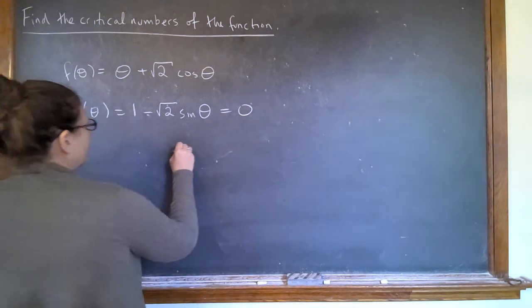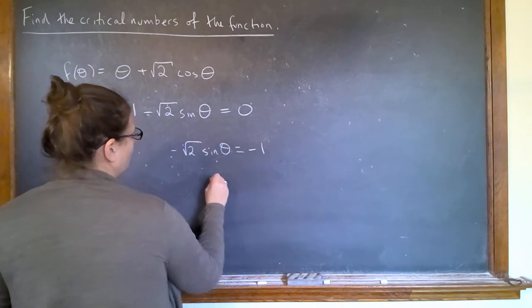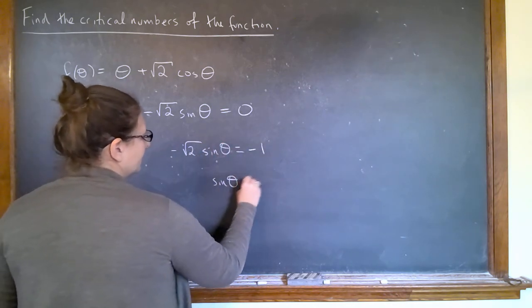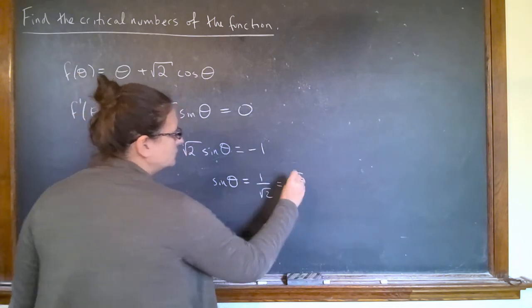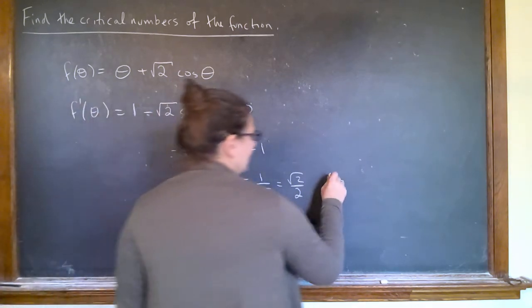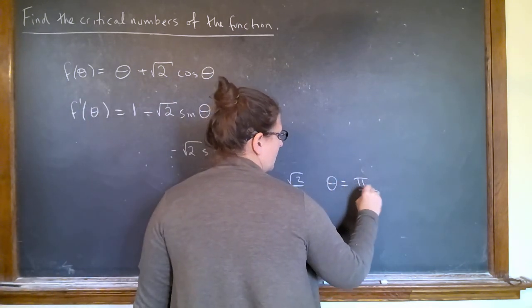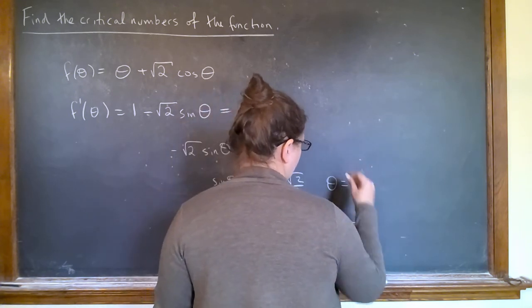So what do I have? Negative root 2 sine theta is negative 1. Sine theta is 1 over root 2. So of course that's root 2 over 2, positive. So what we're going to get is either pi over 4 or 3 pi over 4, right?